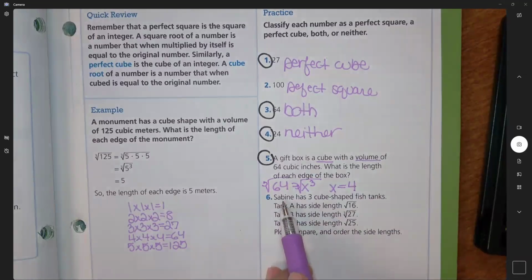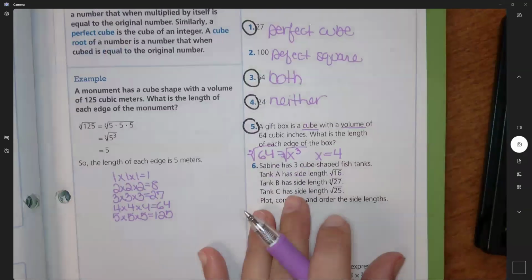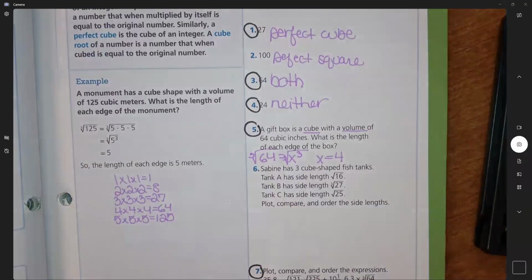Oh, look, Sabine, this person has three cube shaped fish tanks. Tank A has a side length of 16, B 27, C 25, and we'll have to plot, order, and compare the side lengths. Ew, what do we have to do if we're comparing and ordering them? Turn them into decimals. Yes.